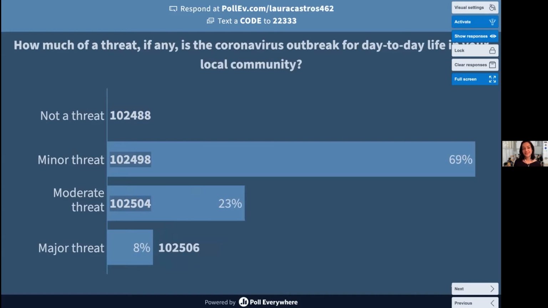It is interesting, right, that in this particular case we see a different pattern of responses, where so far, at least, everybody's endorsing at least a minor threat. We don't have anyone who's endorsed not a threat, or at least not yet. Not to say that someone wouldn't, but we definitely have a different pattern of responses.